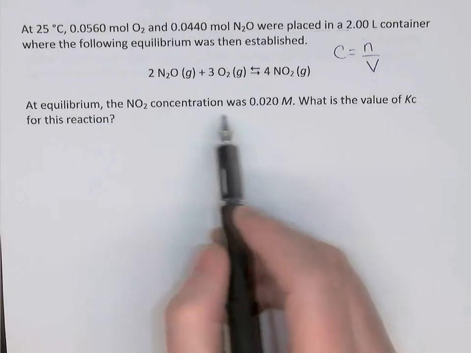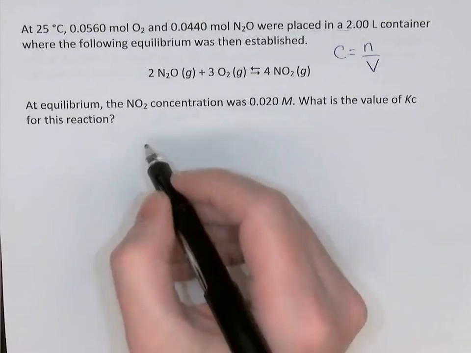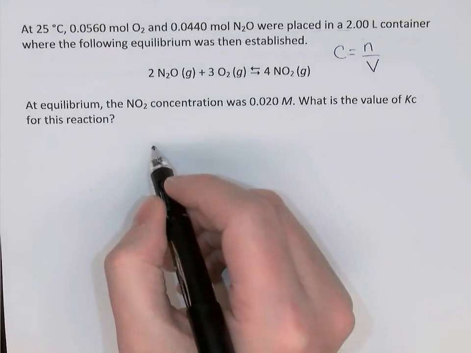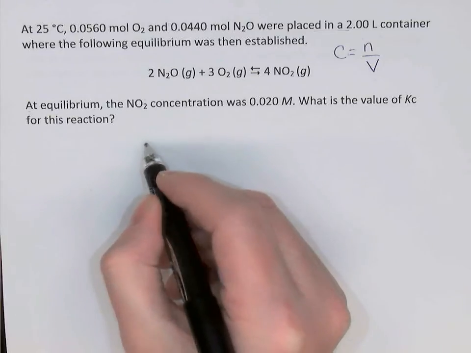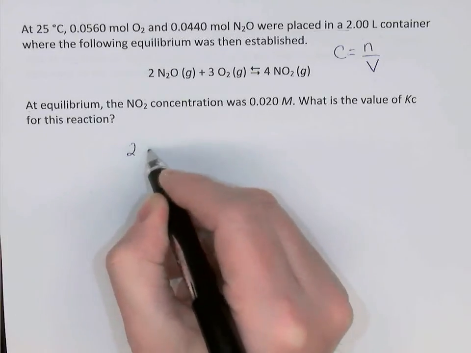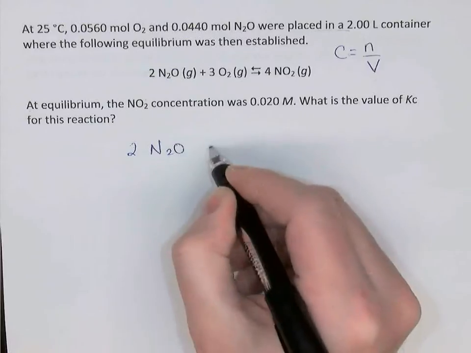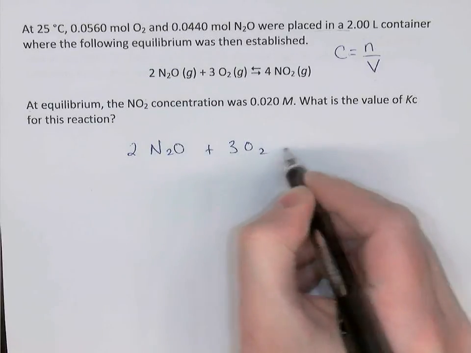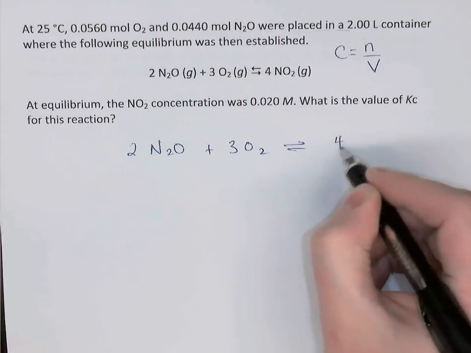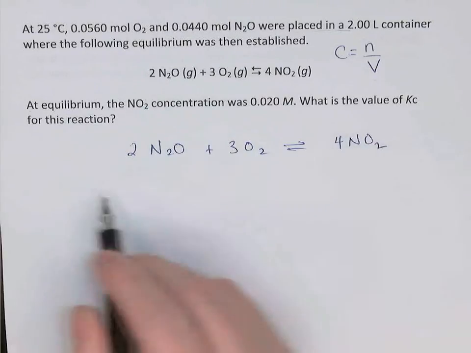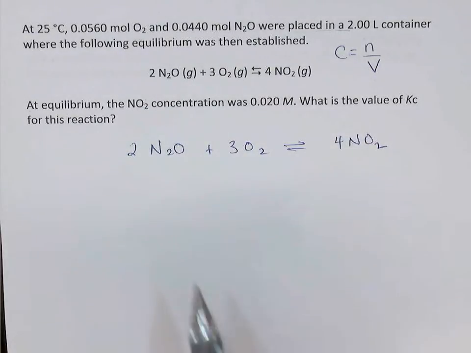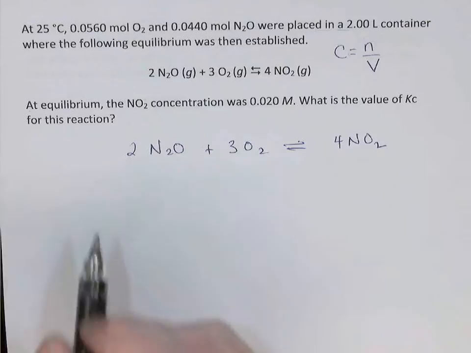So this is an equilibrium concentration. Because we have initial and equilibrium information, we're going to want to set up an ice table to organize that. So 2 N2O plus 3 oxygen creates 4 NO2, and everything is gas phase, so I'm just going to be lazy and leave out the phases.